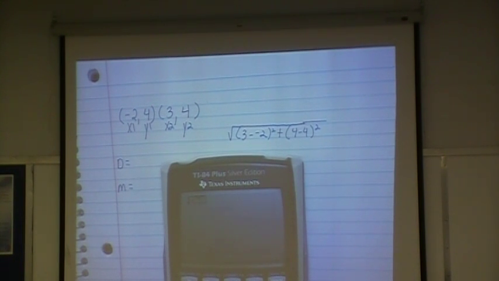You put minus negative 2. 3 minus negative 2, parentheses, second, squared, plus parentheses 4 minus 4, parentheses squared.